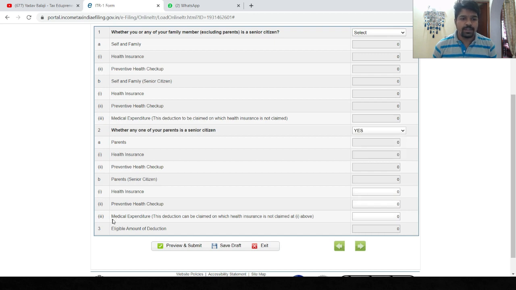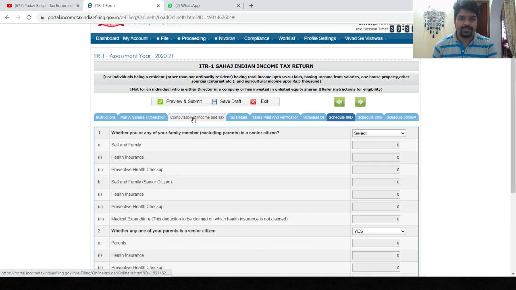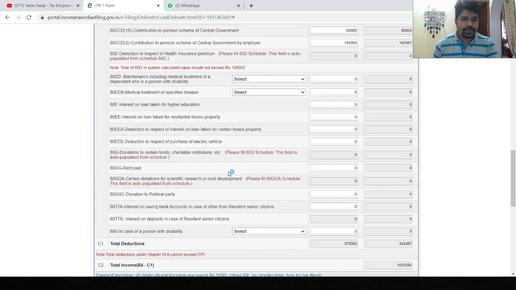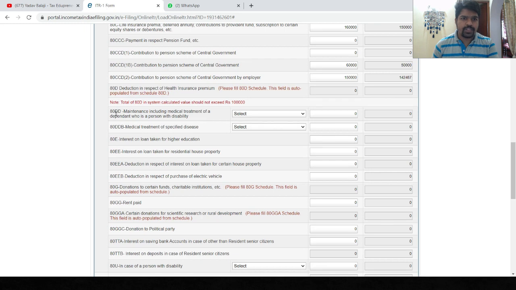If you see here, medical expenditure, this deduction can be claimed only where health insurance is not claimed. So if you have not taken health insurance for your parents, here also up to 50,000 you can claim under this section. So 80D is over.